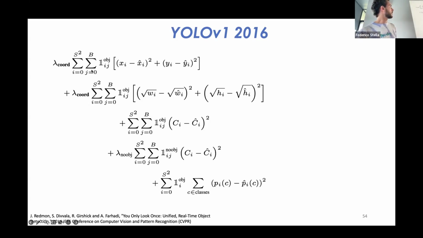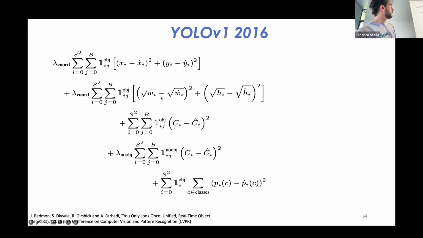So these two summations are for every bounding box in every grid cell. We want the predicted x hat i, center coordinate on the x-axis, and y hat i, center coordinate on the y-axis, to be as close as possible to the ground truth. Nothing particularly difficult. This is a mean squared error for the centers.